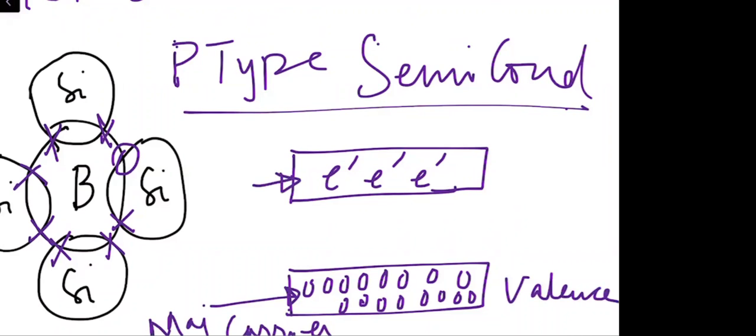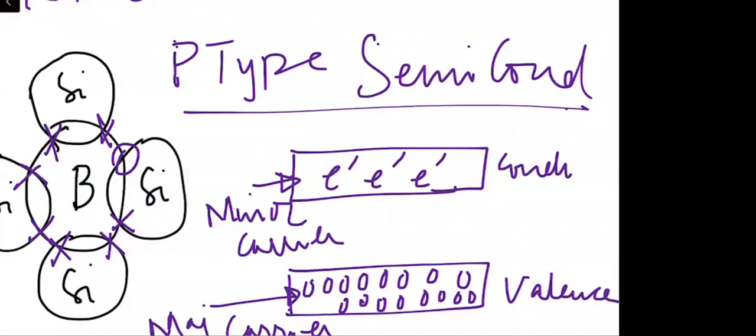The free electrons in the conduction band are called the minority carriers, right?